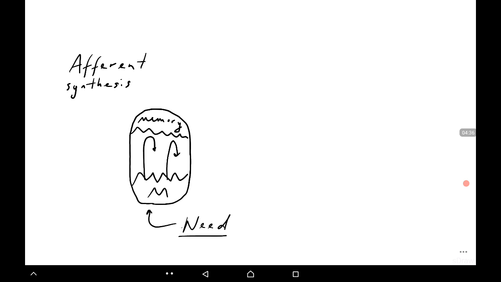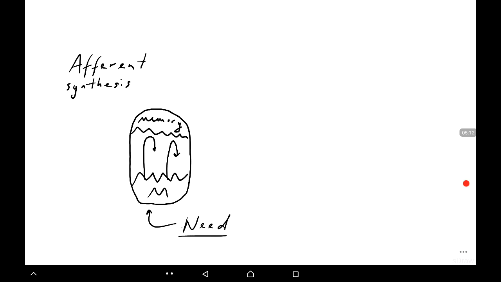It may be personal memory, may be the memory that was acquired by parents and then by teaching transferred to the child, or maybe genetic memory that is also able to help in the attempts to satisfy the need.